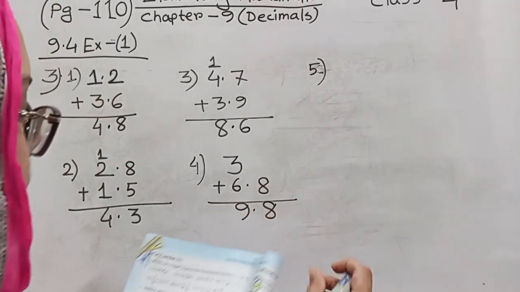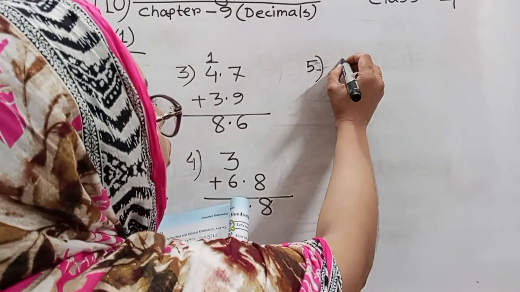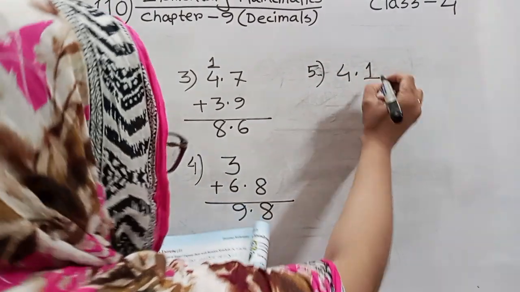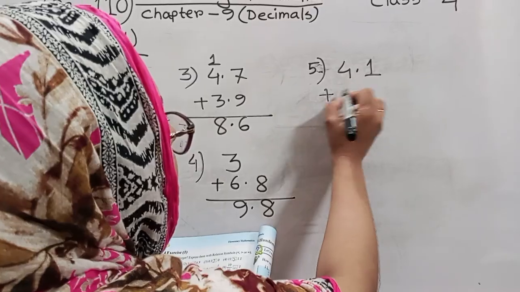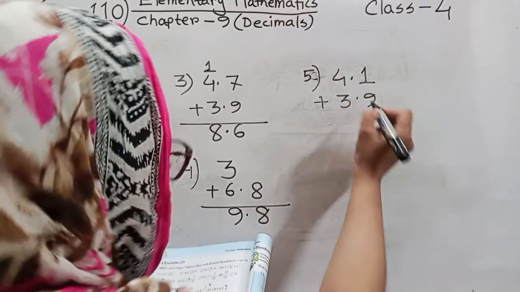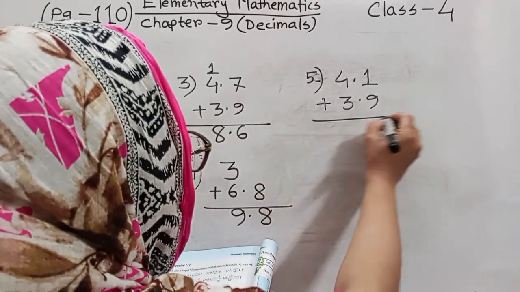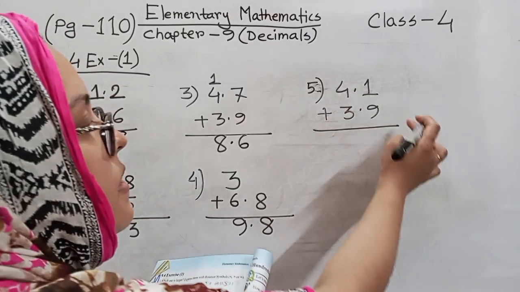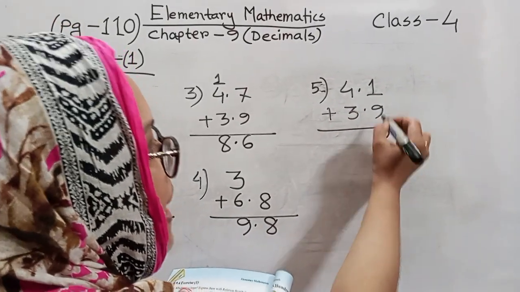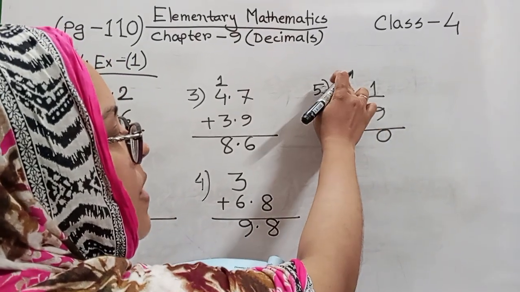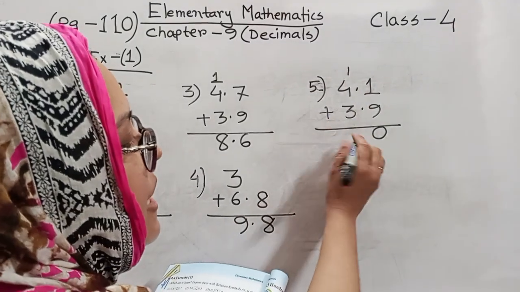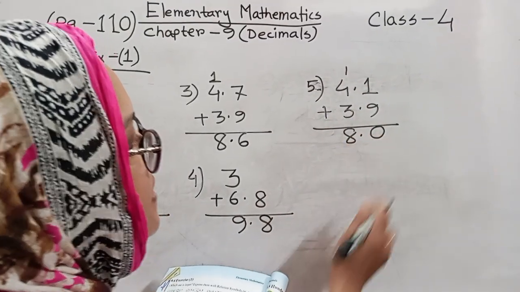Number 5. 4.1 plus 3.9. 9 plus 1, 10, 0. Carry 1. 4 plus 1, 5. 5 plus 3, 8. 8.0.